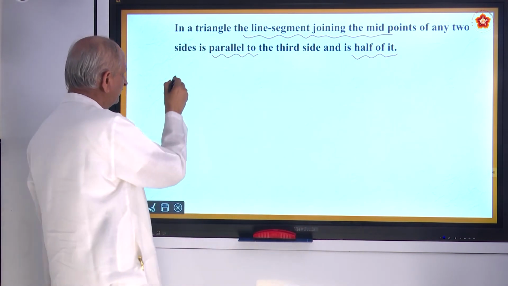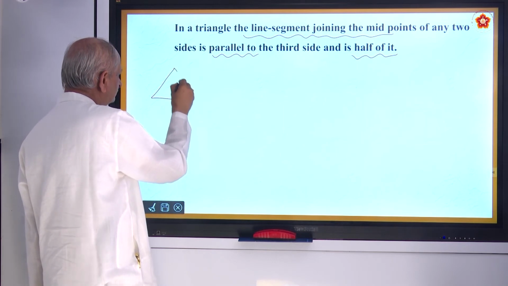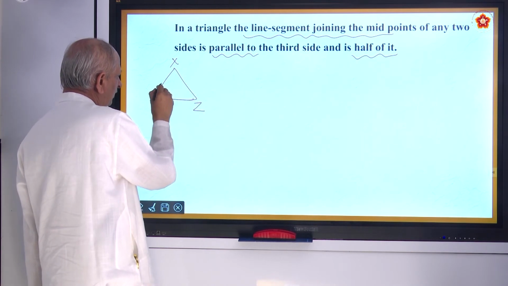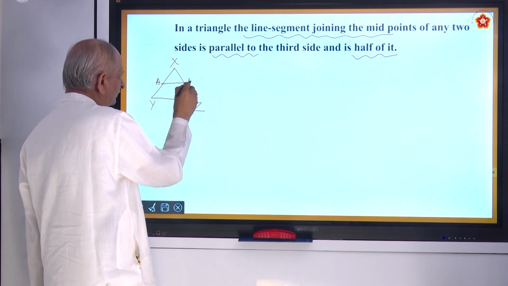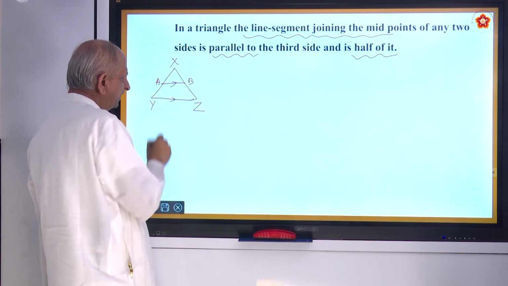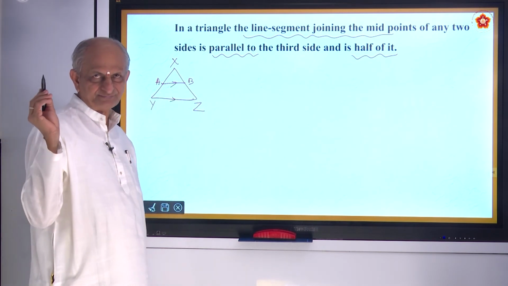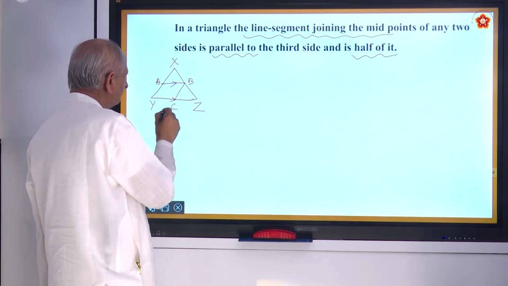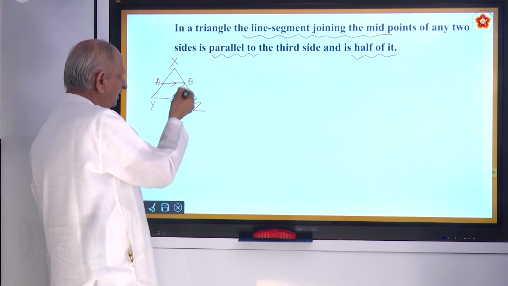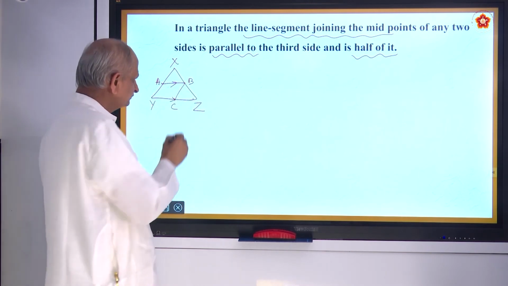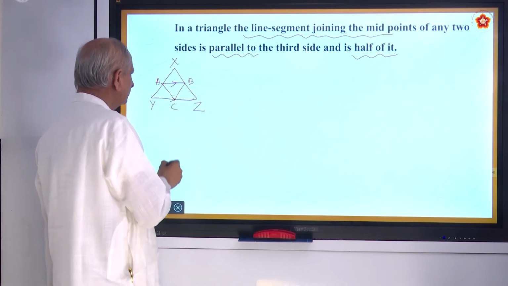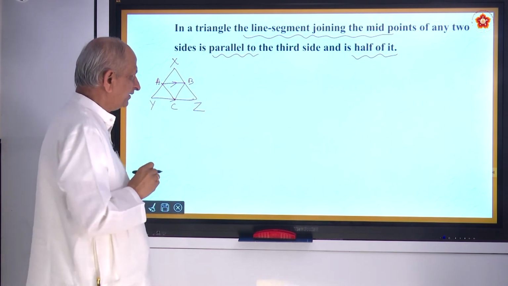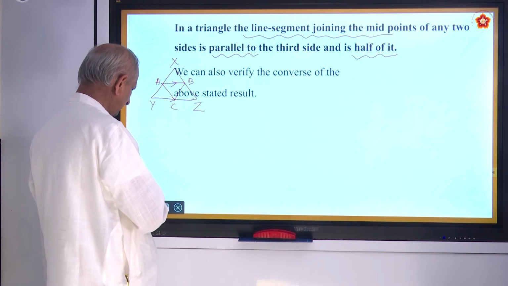Any triangle you take, for example, if you take XYZ, and if you join a line like this called AB, AB is parallel to YZ and AB is half of YZ. Similarly, if you have a line like this, call it BC, BC is half of XY and BC is parallel to XY. Similarly, if you draw a line like this, AC is parallel to XZ and AC is half of XZ. That is a very important result.